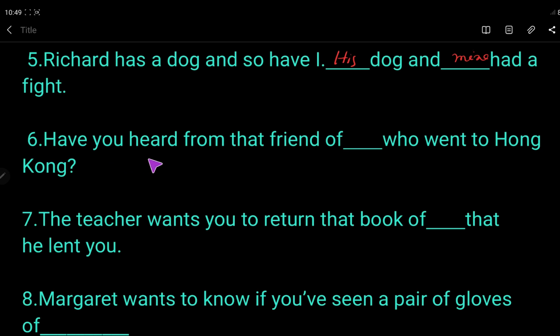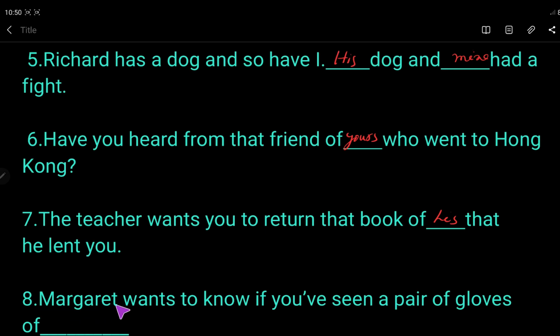had a fight. "Have you heard from that friend of ___?" There is no noun after the blank, so we will use "friend of yours." We will use a possessive pronoun here. "The teacher wants you to return that book of ___." After the blank there is no noun, so we need to use a possessive pronoun: "that book of his that he lent you."